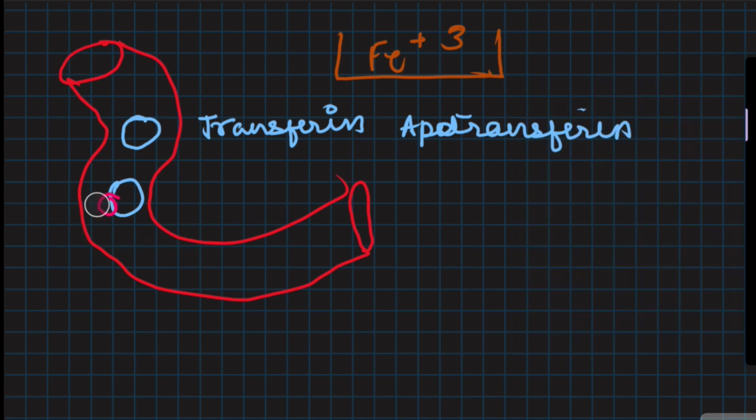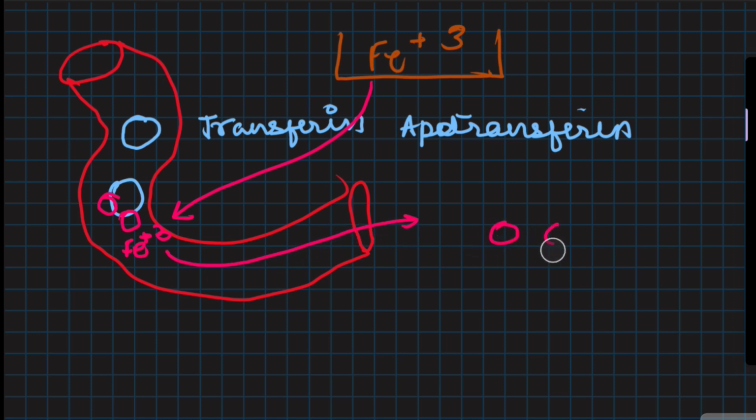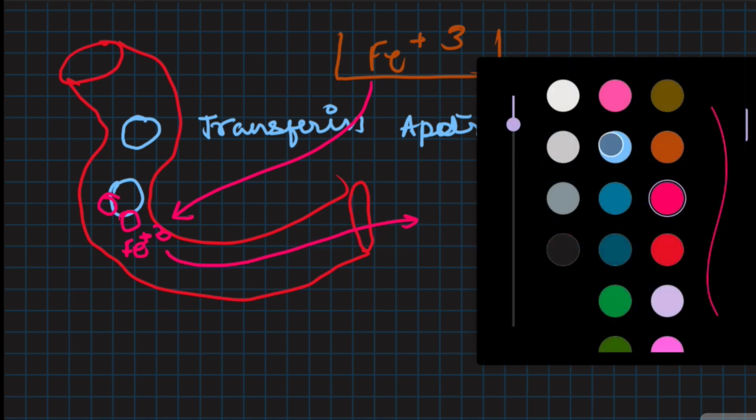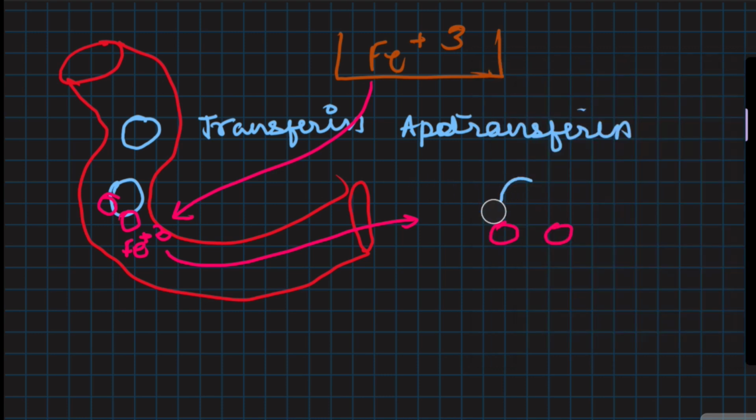There are two molecules of Fe plus 3 binding to transferrin. Now what happens? From here it will go where? So let's assume this is transferrin with two molecules of Fe plus 3. Remember, it's two molecules attached.